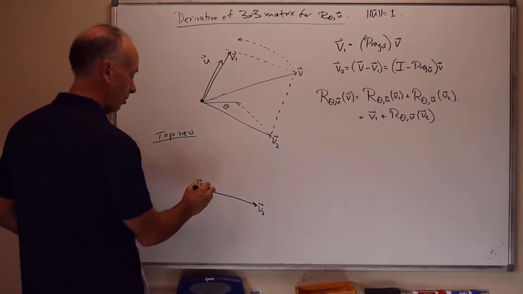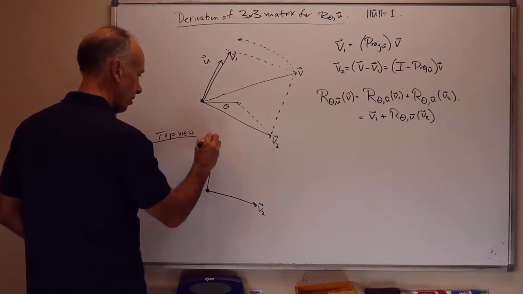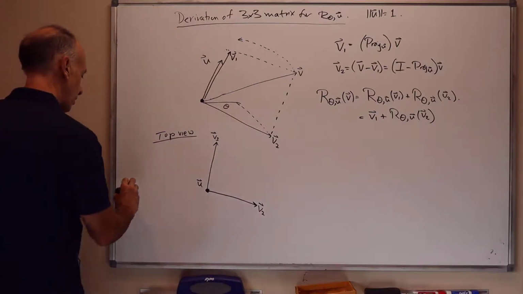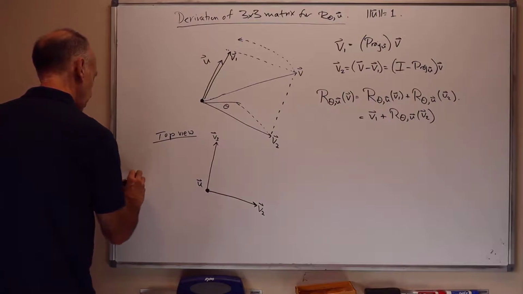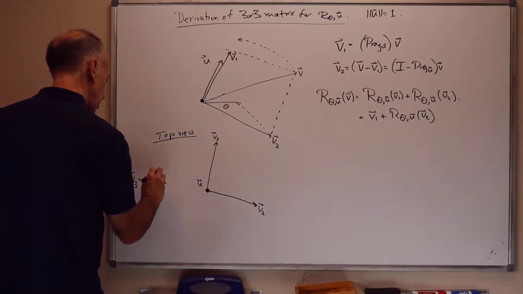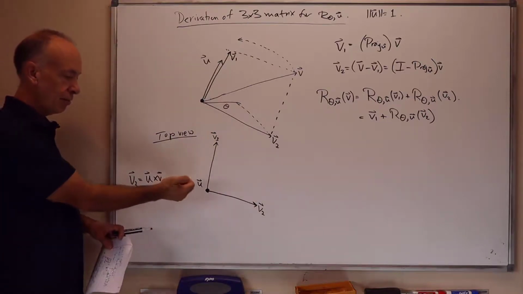And then I'm going to form a new vector, v3, which is orthogonal to both u and v2. The formula for v3 is that v3 is u cross v2. Why? Because we're thinking of u as pointing outward.